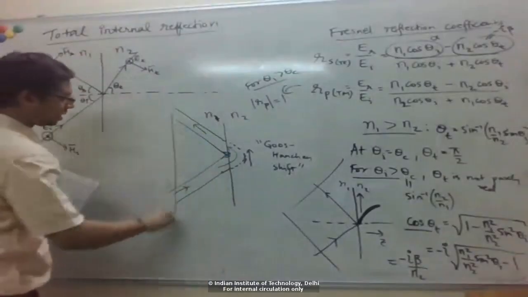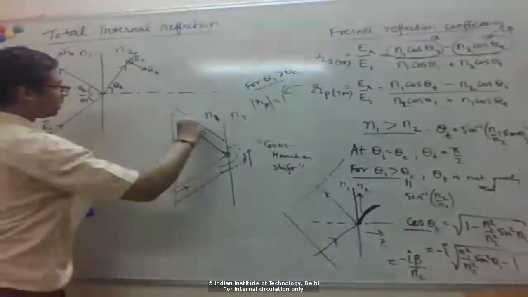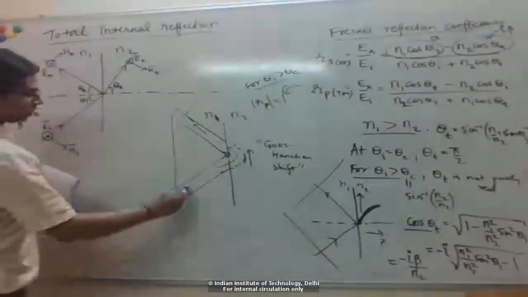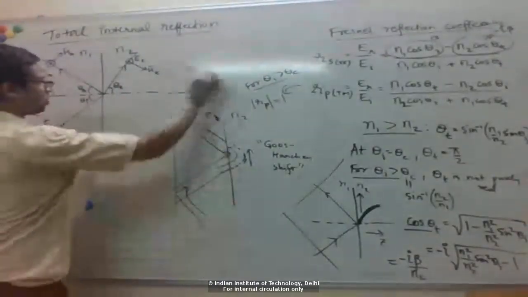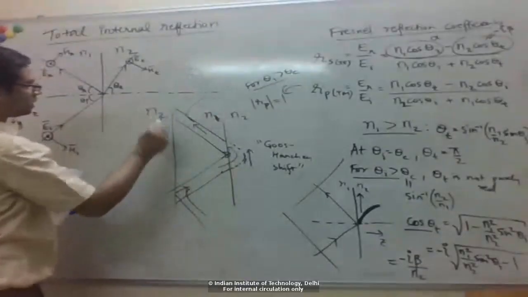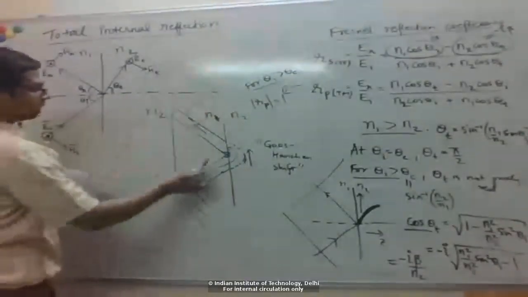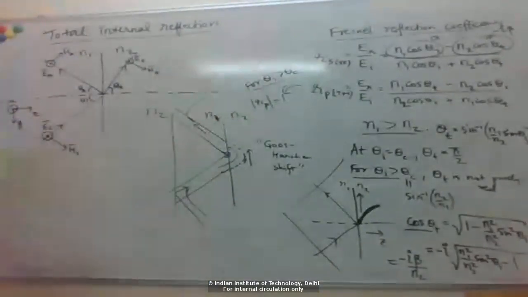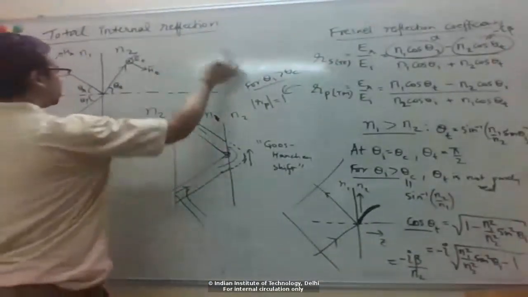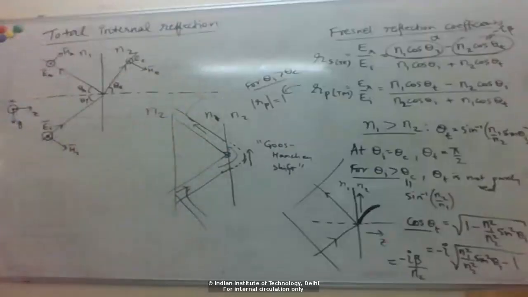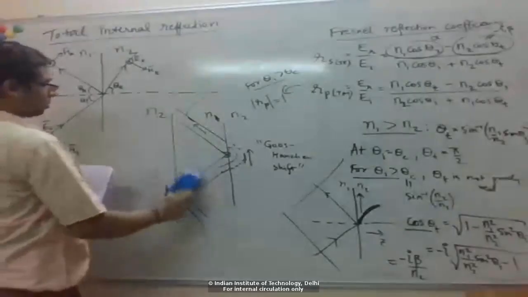The simplest thing to do is put another interface on the other side so that this beam is reflected again from the other side, right? And so it remains confined in this slab in between, gets reflected and keeps moving forward. And since each reflection is 100%, I don't lose any light. So that's the simplest way to construct an optical waveguide.